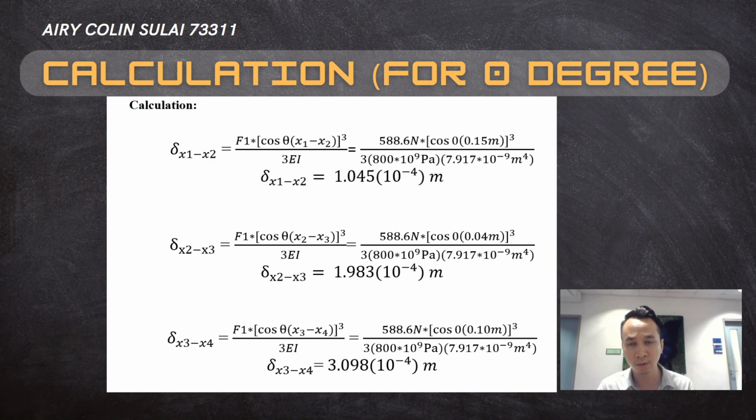The first one is from x1 to x2, the second one is from x2 to x3, and the third one is from x3 to x4. This is the final value for each deflection.